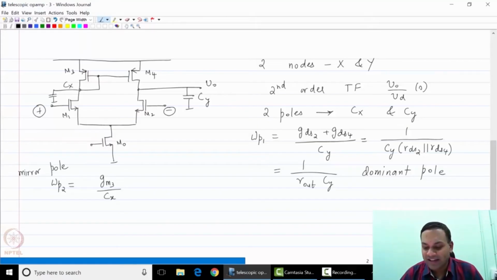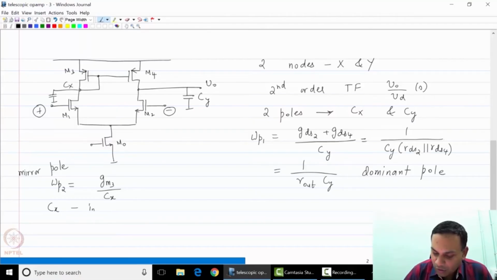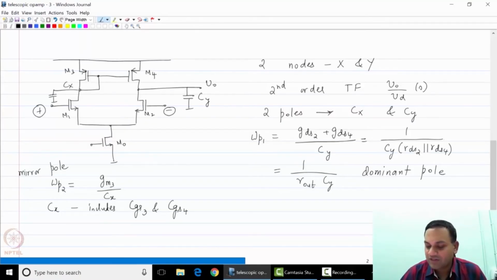This was because 1 over GM3 was the impedance at node x, and the total capacitance at node x was Cx. As we pointed out, Cx could be important because Cx includes CGS3 and CGS4. Because these two gate source capacitances can be quite large, Cx can be significant enough to affect the phase margin of the op-amp in closed loop.